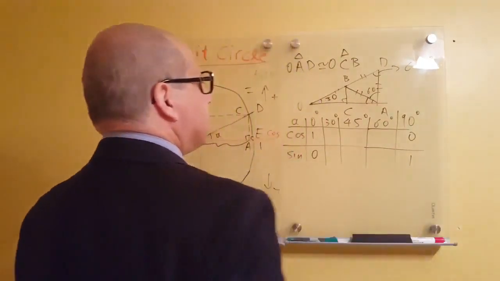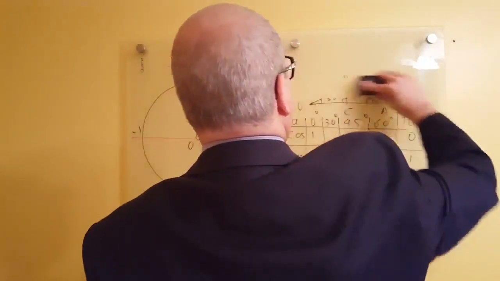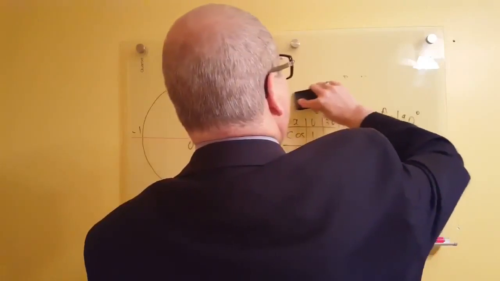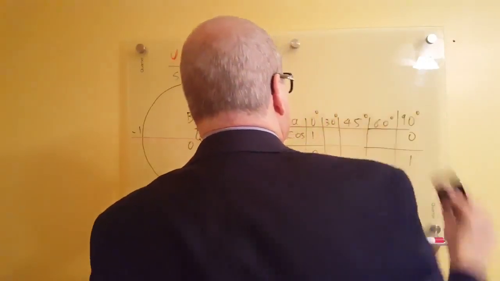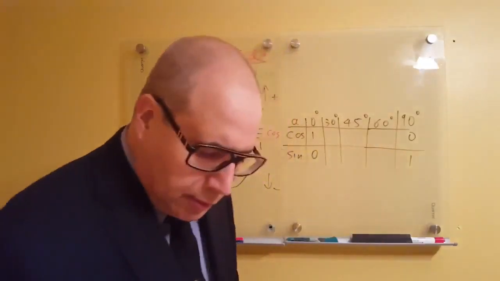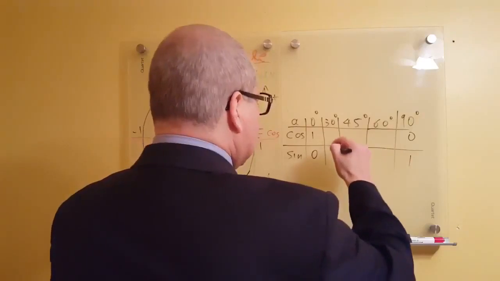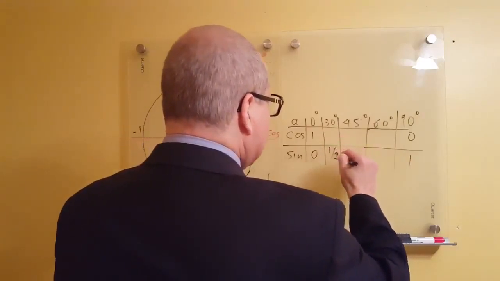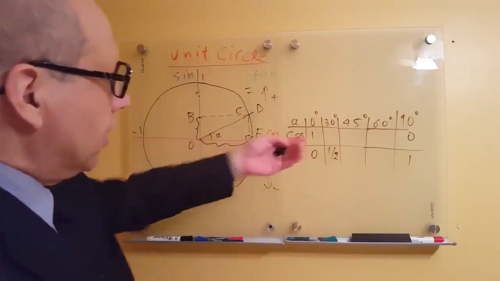Now let's erase also this triangle here. So the sine of 30 is 1/2. Now, you want to find the cos.